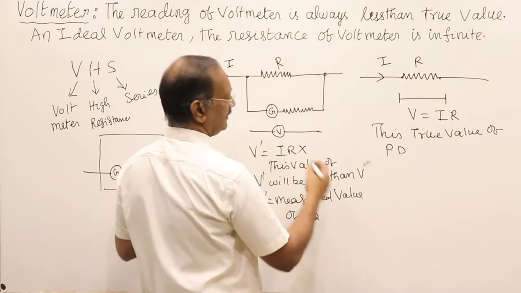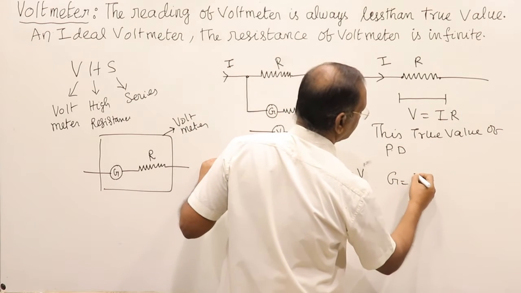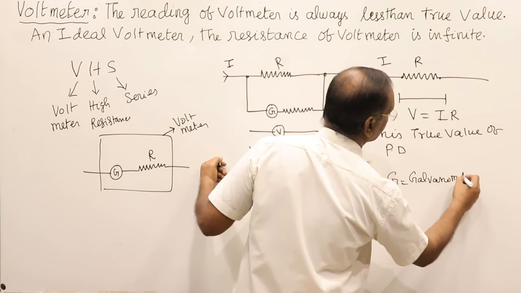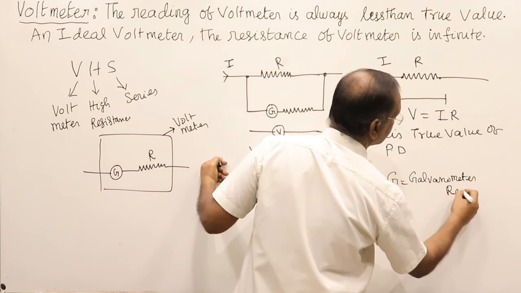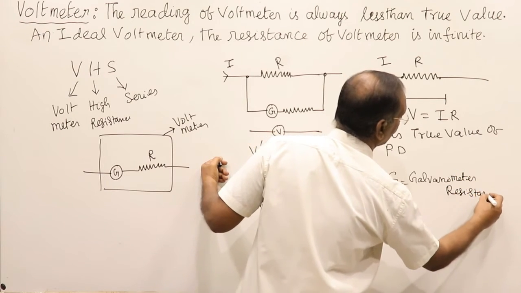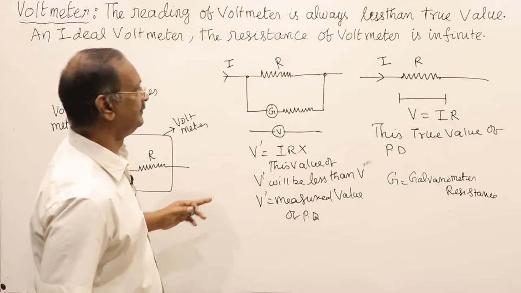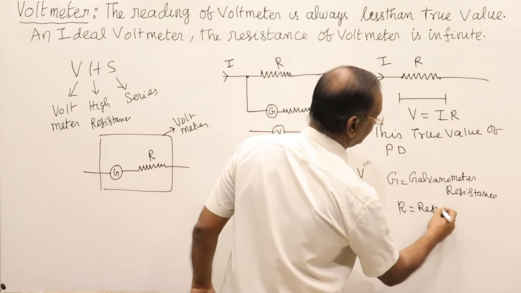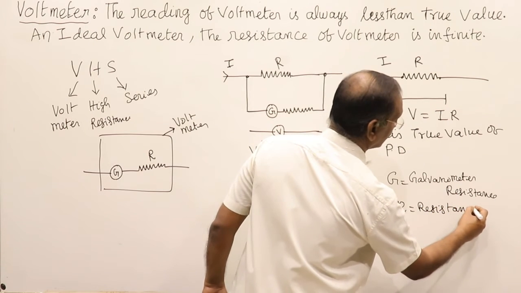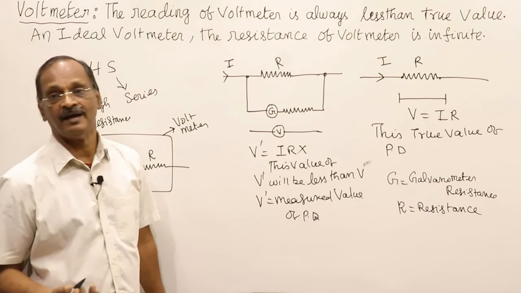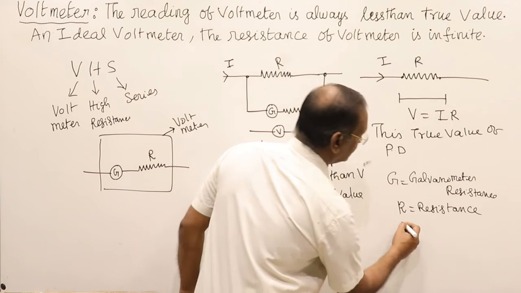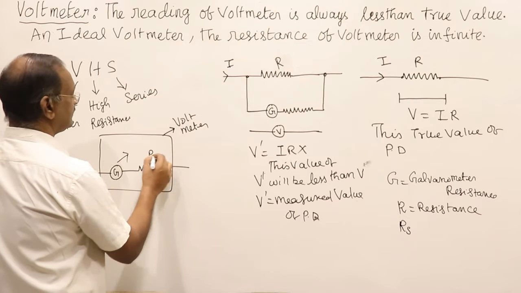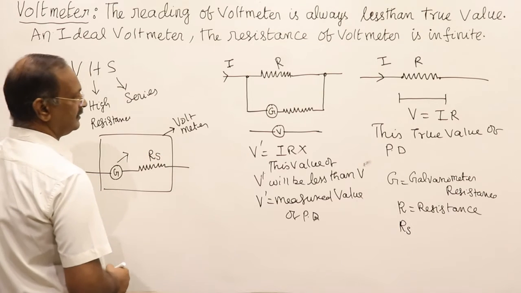Let us see, the galvanometer has resistance G, the galvanometer resistance. R is the resistance given. What else do we have? We have a resistance RS. What is RS? Along with the galvanometer resistance, there is a resistor in series with the voltmeter.